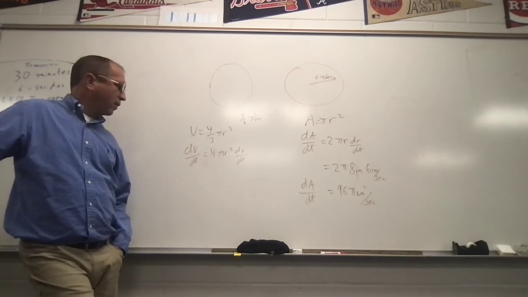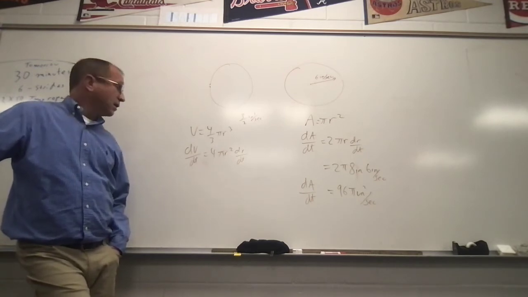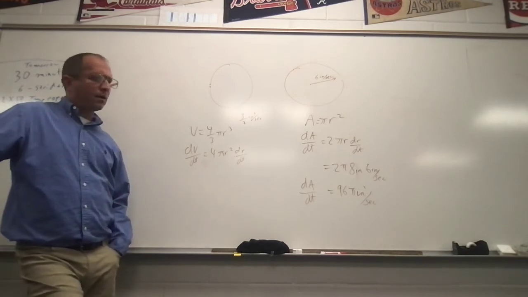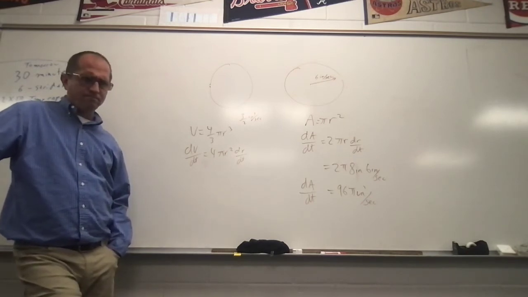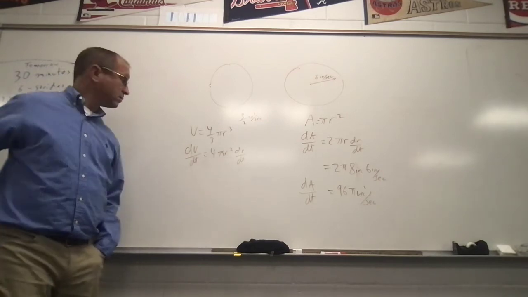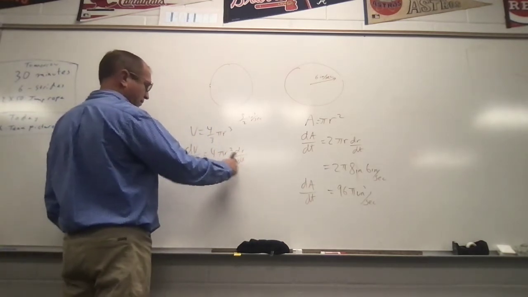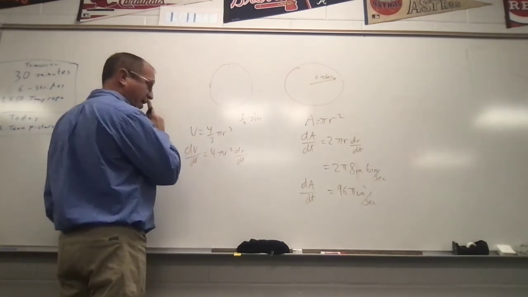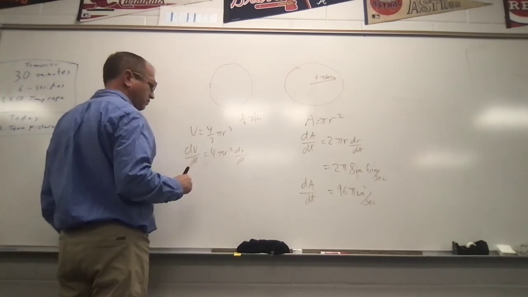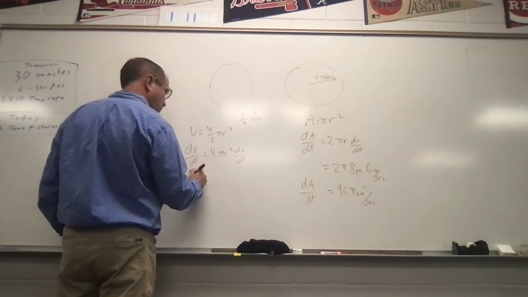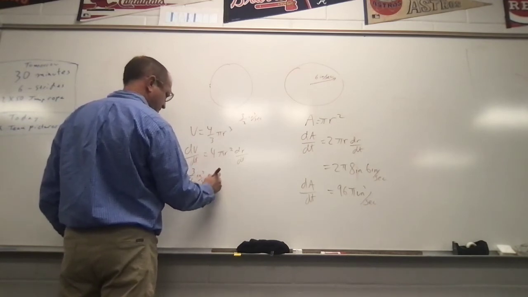So we want to know at what rate is the radius changing. And let's just say when the radius is, I don't know, 5 inches. So at what rate is the radius changing when the radius is at 5 inches? Well, dV dt is 3/2 cubic inches per second.